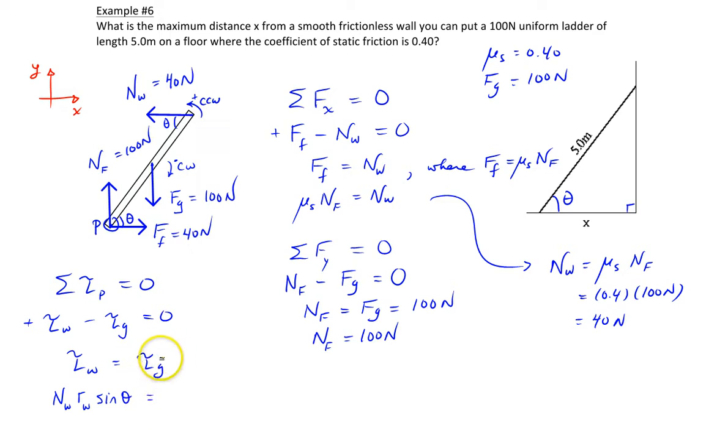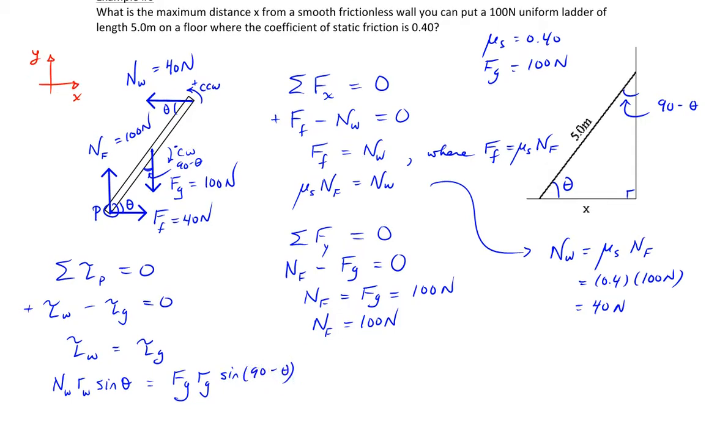Then this is the force of gravity times this distance r sub g, multiplied by the sine of this angle up here. Now what angle do you think that is? If this is theta and this is 90, hopefully you will realize that this must be 90 minus theta. So really it's the sine of 90 minus theta.